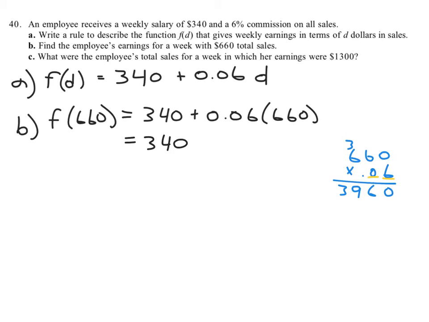So in our answer, we've got 2 digits following the decimal, for an amount of $39.60 made in commission, plus $340 for a total of $379.60.